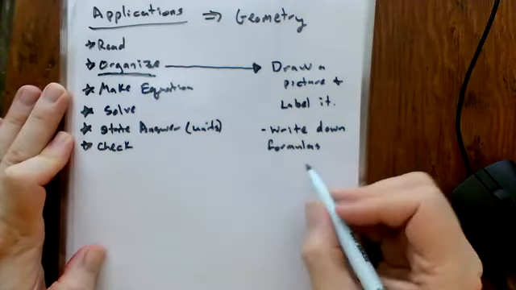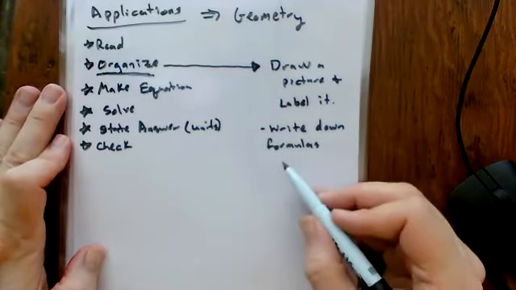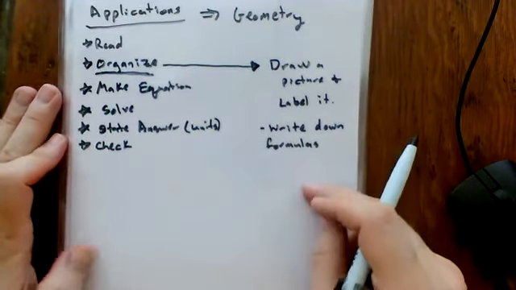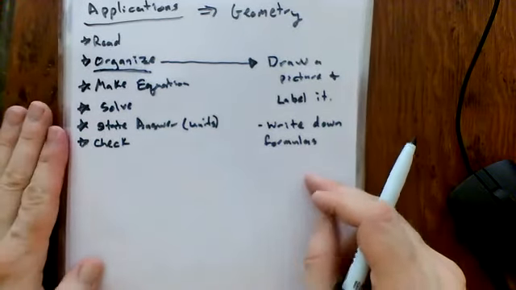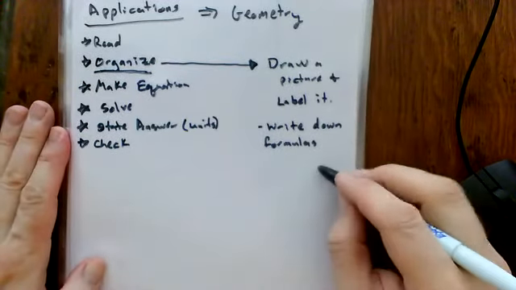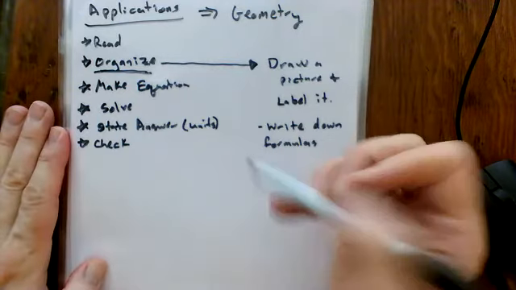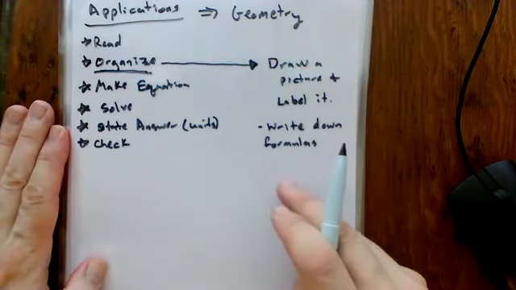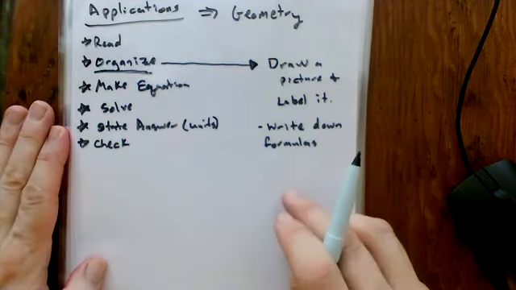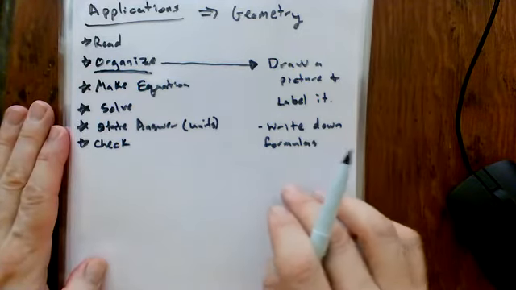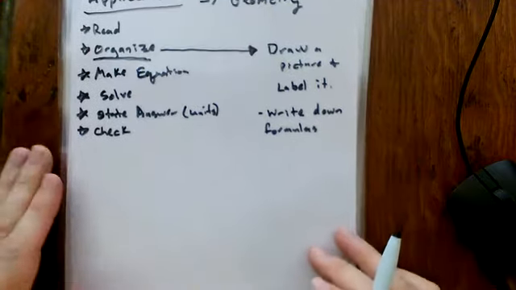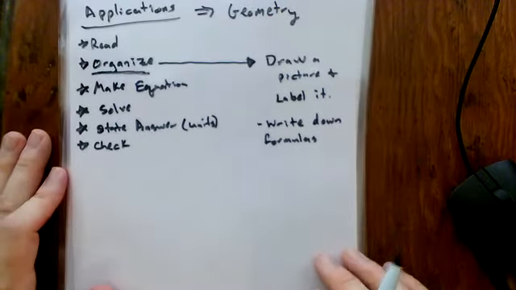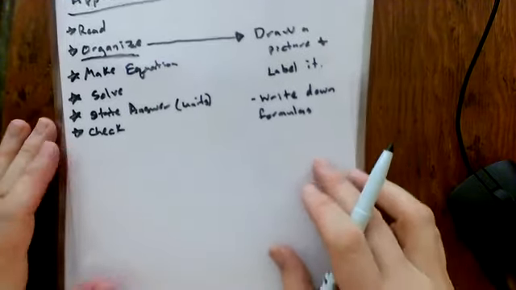Frequently this is going to be things like perimeter or area, and it's very helpful to have a list of those kinds of formulas, for triangles, rectangles, squares, all that sort of thing. But let's get down to some examples here.